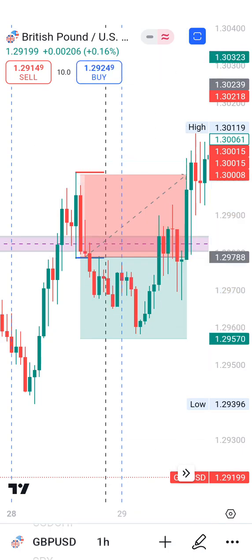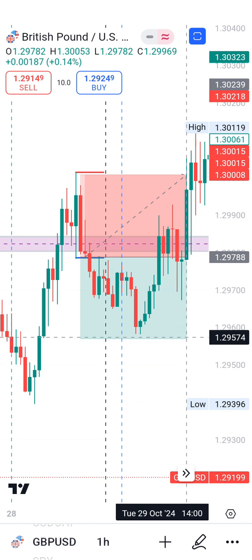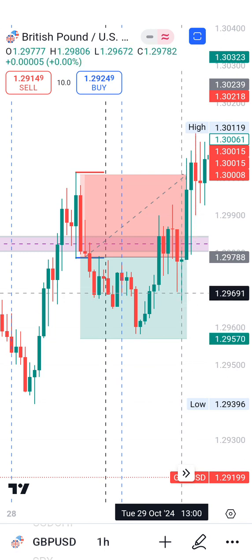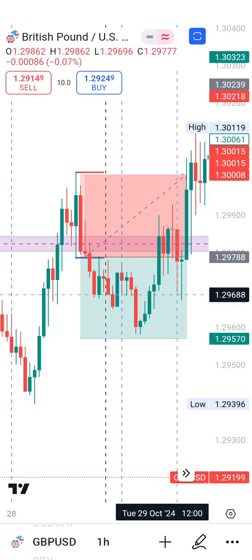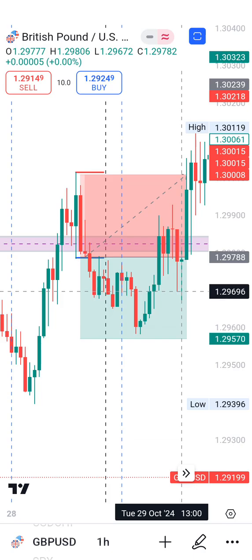At the time where Euro USD hits the take profit, price on Gbpusd is around this point here, at 1.29696. So if you are taking the two trades, as at this point, you can collapse the trade and you still make good profit on Gbpusd.